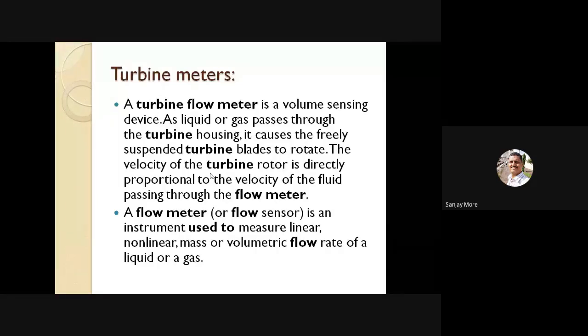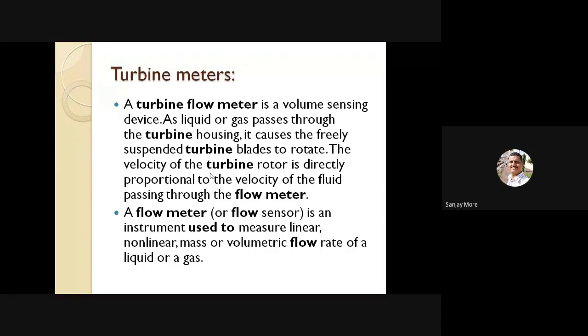The velocity of the turbine rotor is directly proportional to the velocity of fluid passing through the flow meter. Full stop and next line.